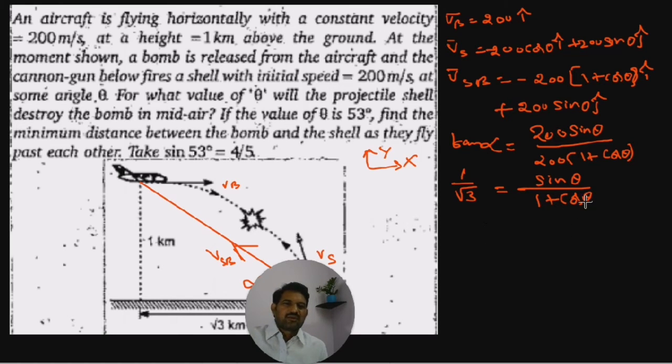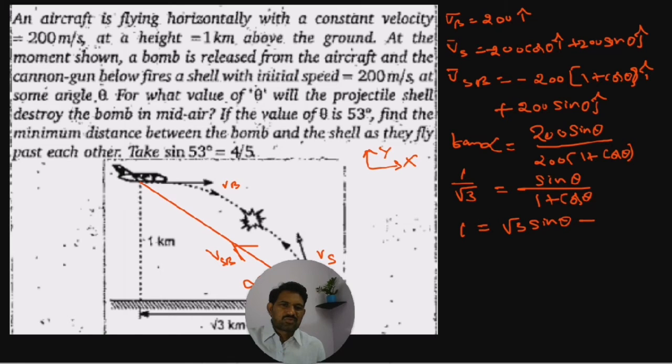So for theta equal to 60 degrees it will satisfy, or you can cross multiply and simplify: 1 equals root 3 sin theta minus cos theta.